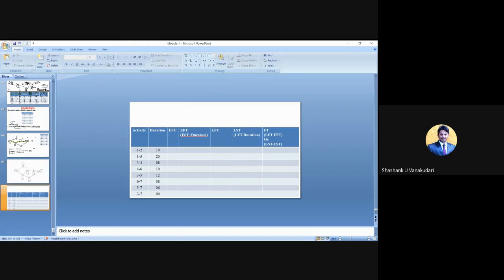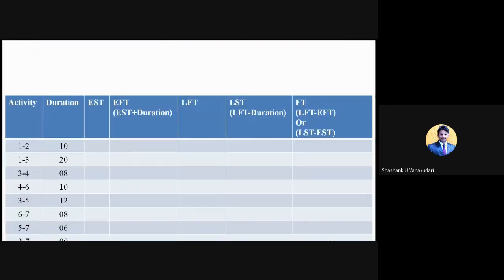Here, just 1 minute, look at the screen. So in the question, they have given only from here to here, that is 1 to 2, all these details. But here we have made 2 to 7 a dummy activity with a duration of 0, right? That one also you need to add compulsorily because it plays a major role while calculating the critical path activities.